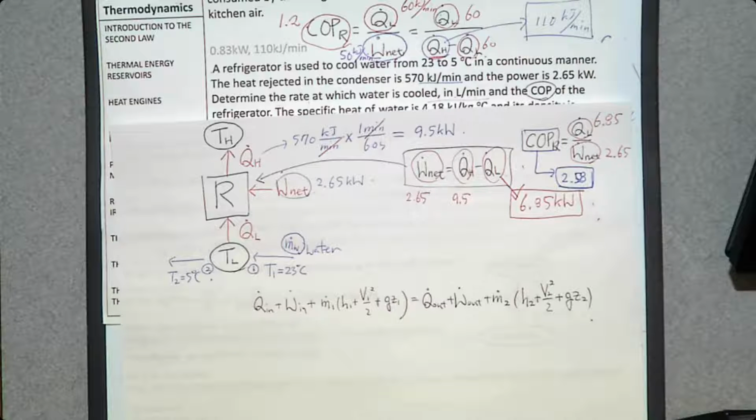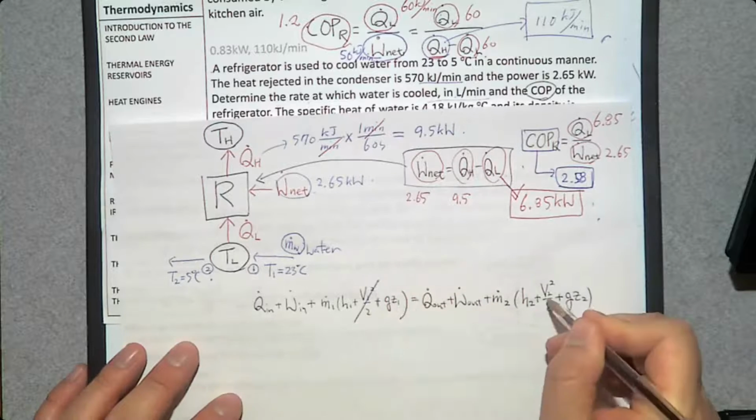We can assume that the velocity is going to be similar, the density is going to be similar, and the density times velocity times cross-section area is also similar. So there's not much difference in velocity, and not much difference in kinetic energy, unless the inlet is this small and the exit is this big, which is very unusual. So you can neglect kinetic energy change.